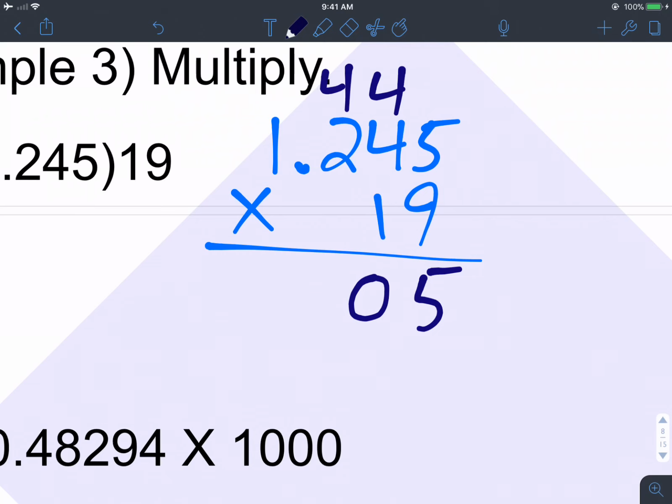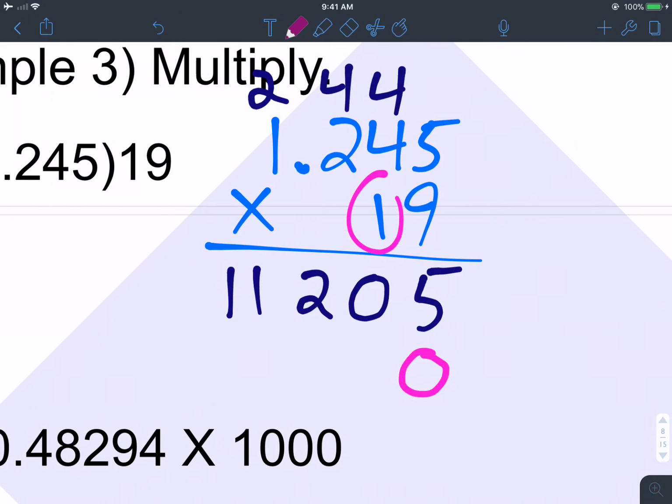Carry the 4 again. 2 times 9 is 18, 19, 20, 21, 22. 9 times 1 is 9, and then 10, 11. Placeholder for the 0, and now look at the 1. 1 times 5 is 5, and then 4, 2, 1.